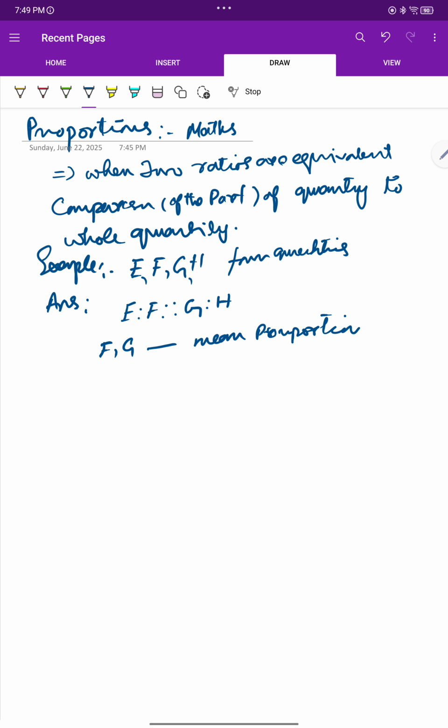And E and H, this is very important, are called the extremes of proportion.